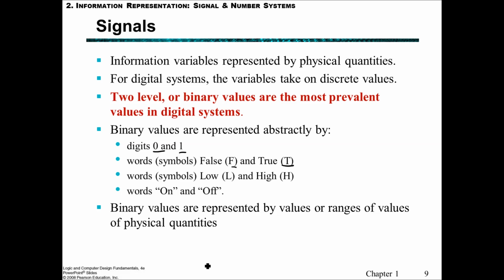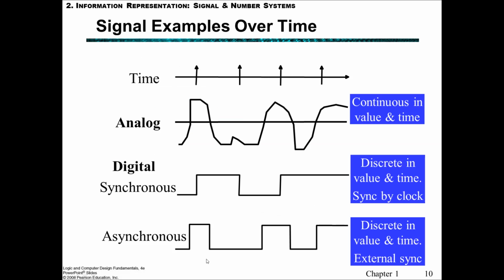And since we require values to be discretized, in a signal example over time, as time goes along, we may have some discrete pulses or clock ticks. We have an analog signal being continuous in both time and value.